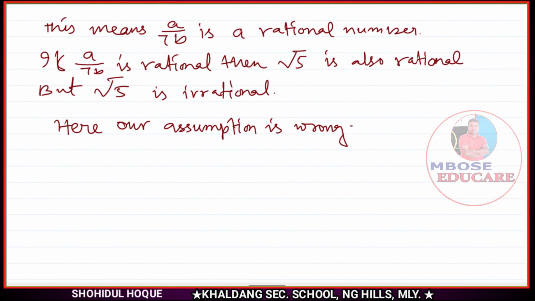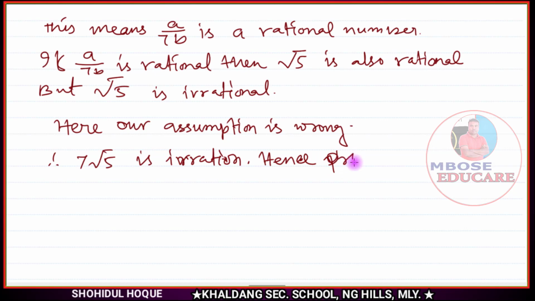That assumption is wrong. That's why you can write now, therefore 7 under root 5 is irrational. When this is not rational, then it will be irrational. Hence, this is hence proved. Alright. So here we have solved part number 2.